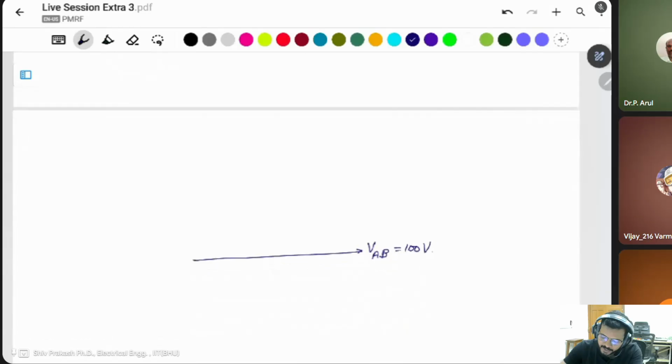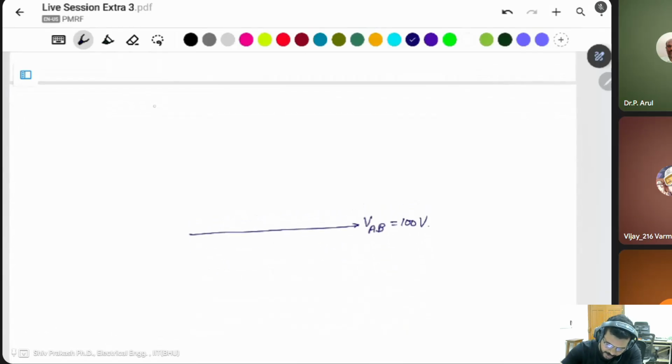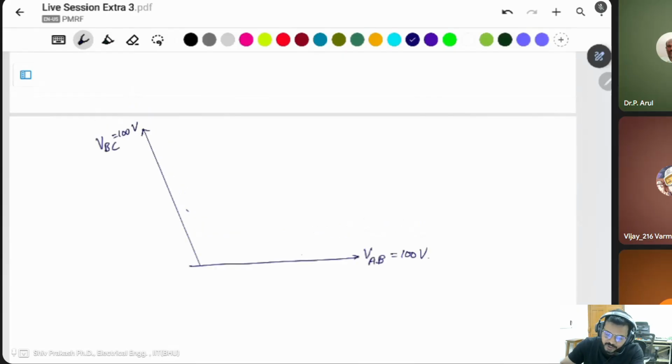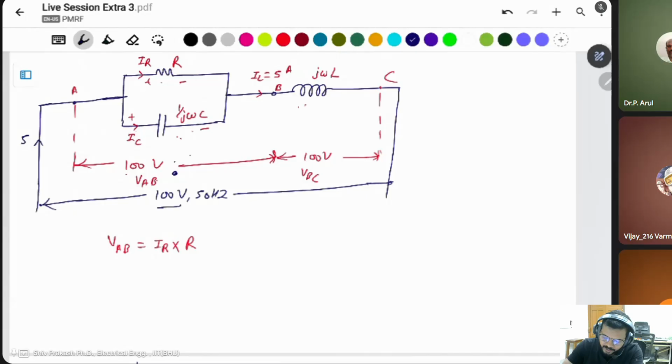We don't know the angle, so I take it like that. The value of VBC will be the same, 100 volt. And the phasor sum of these two is the total voltage of 100 volt given.